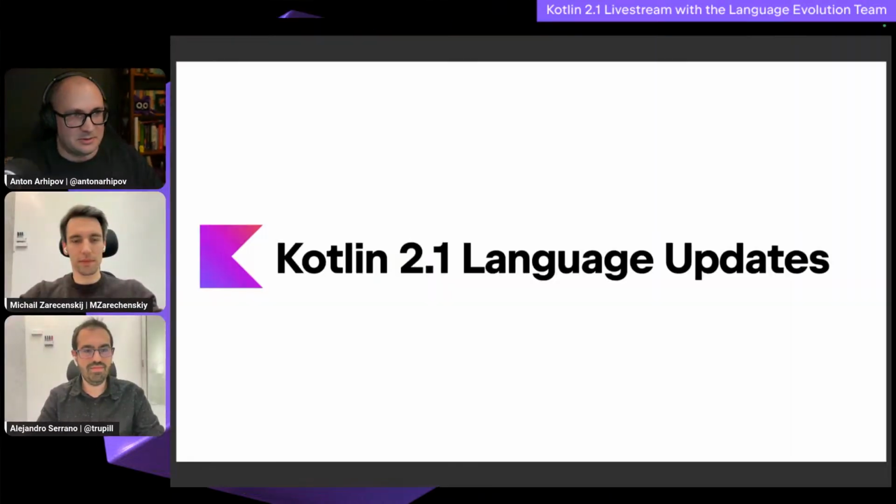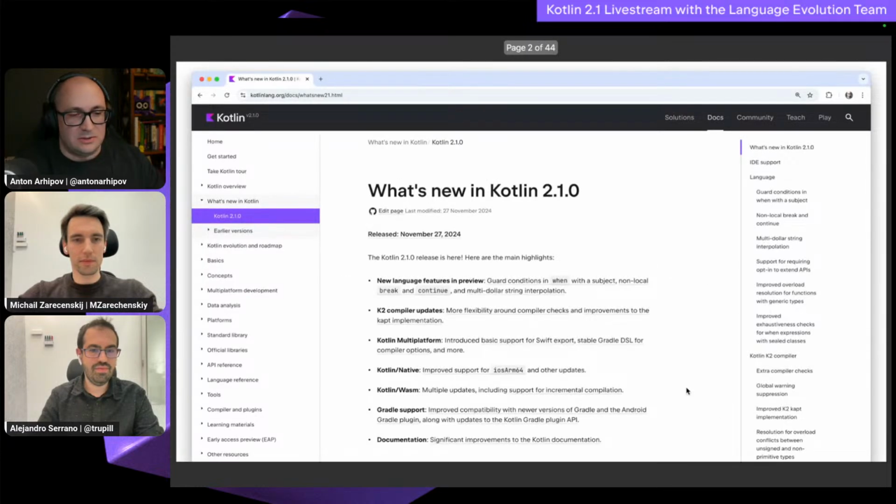So what are we going to do today? We're going to look at the language features, but not only. Let's quickly check what's in the release, and I'm going to bring up the slides on the stream. So Kotlin 2.1 language updates. But if you look at the what's new notes, there's much more. There are a lot of subsystems in Kotlin.